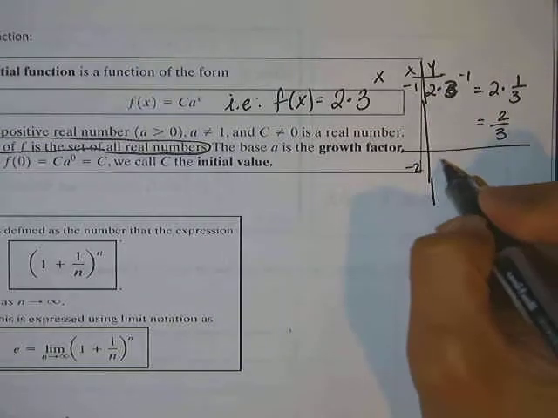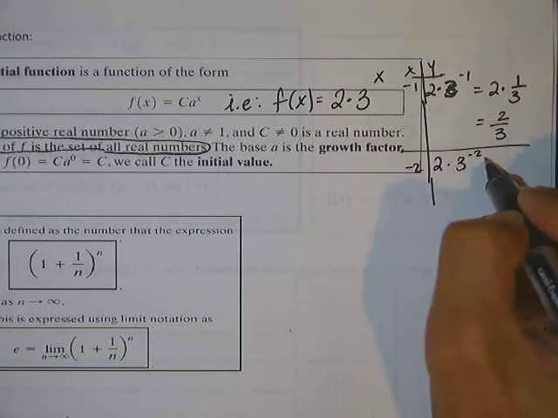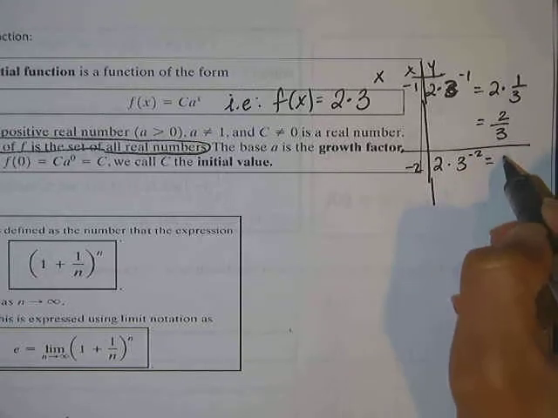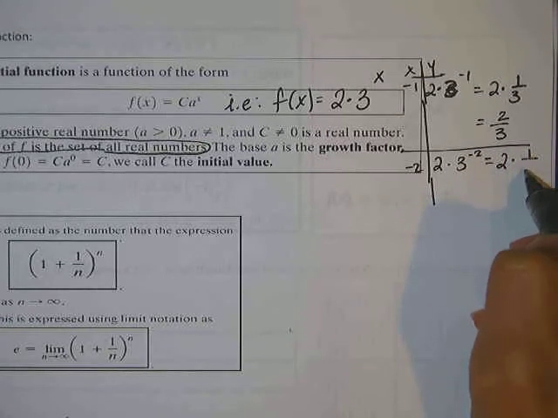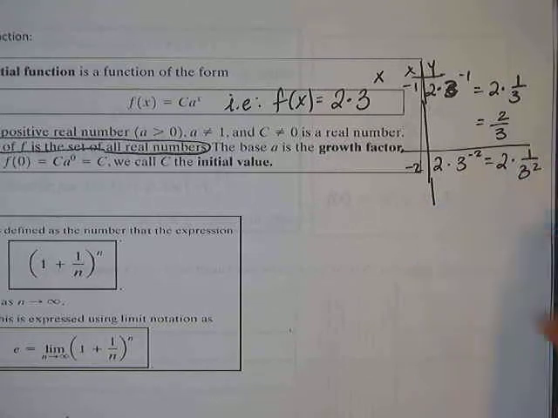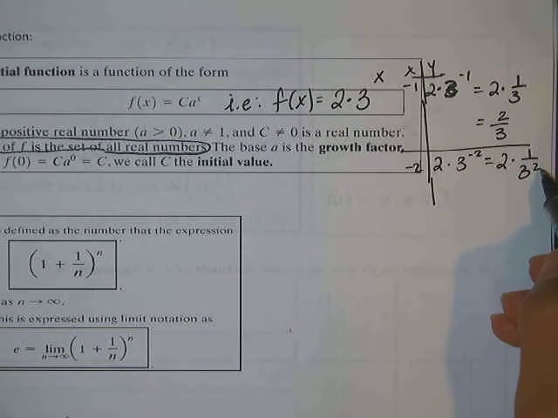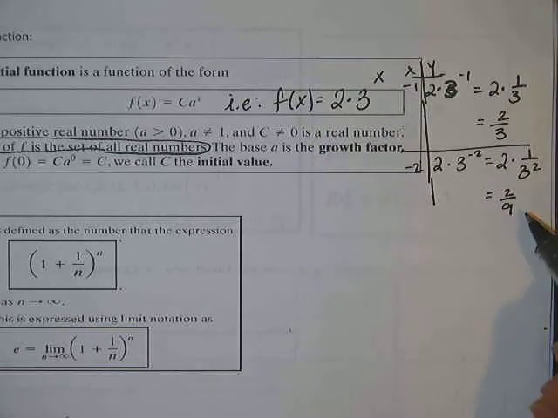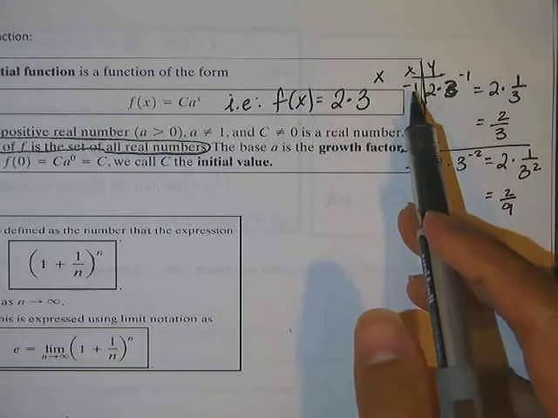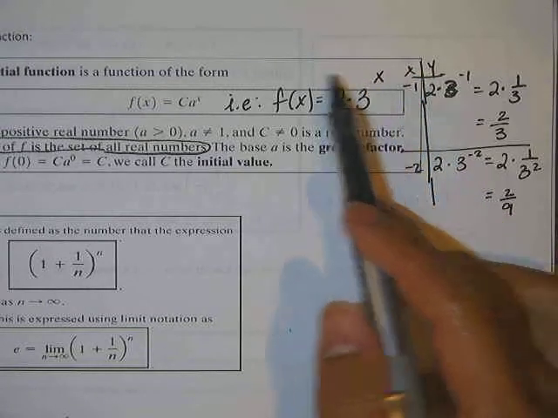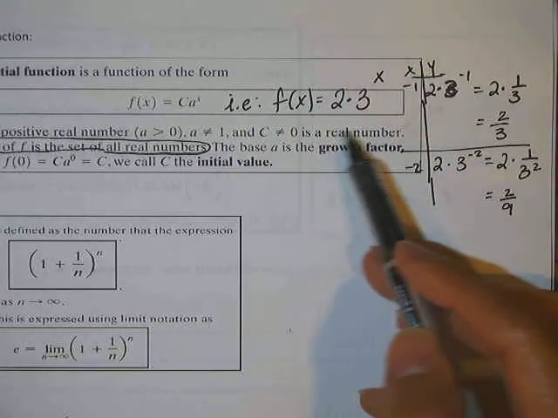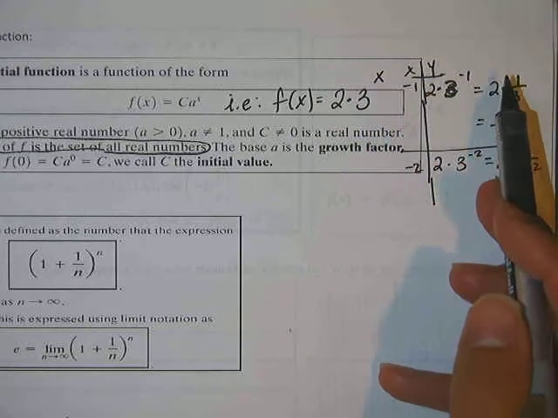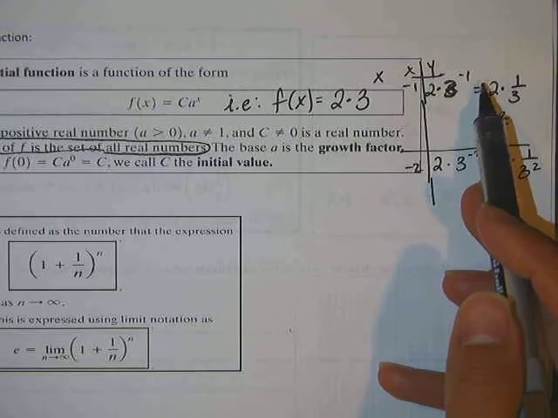Then I have 2 times 3 to the negative 2, which by the definition previously stated is 1 over 3 to the second. 3 to the second is 9, so it's 1/9, and 1/9 times 2 is 2 over 9, which is getting smaller. So when x is negative, this function is actually a decreasing or decaying function, but when x is positive, you have an increasing function.